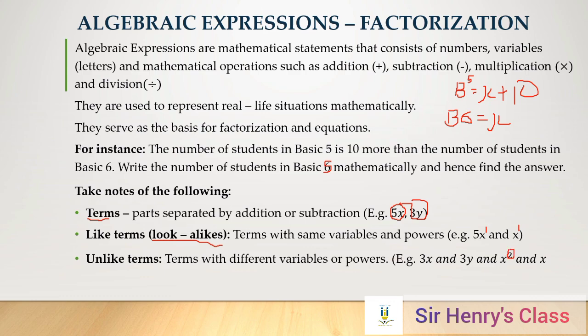So here the power is what? 2. So anytime the variable has the same power, then we are looking at what? Lookalikes or like terms. Unlike terms are terms with different variables or powers. So if we have terms with different variables or different powers, we don't call them like terms, but unlike terms.